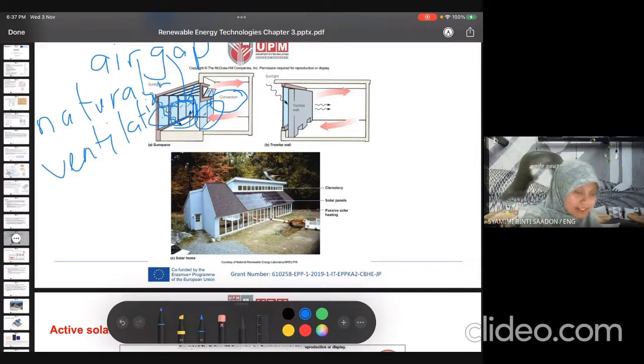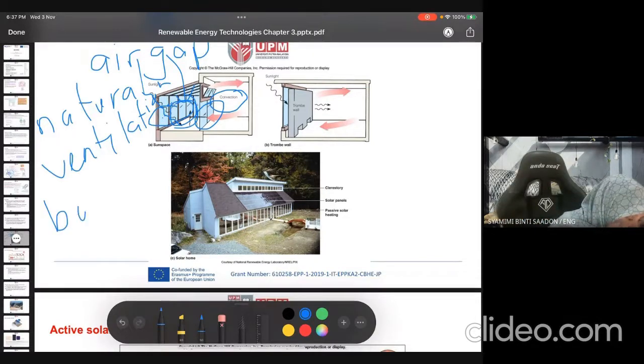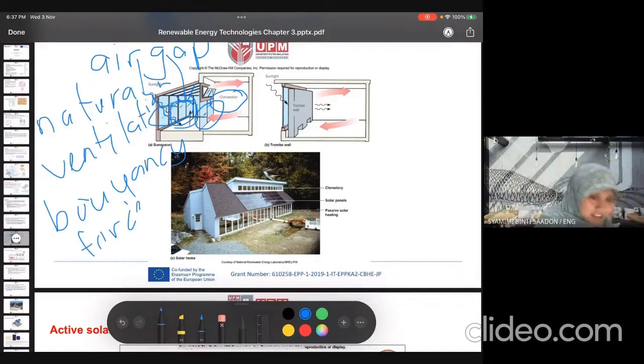So here in the air gap, the physics, the phenomenon behind is what we call the buoyancy force. This one is in fluid mechanics, buoyancy force.